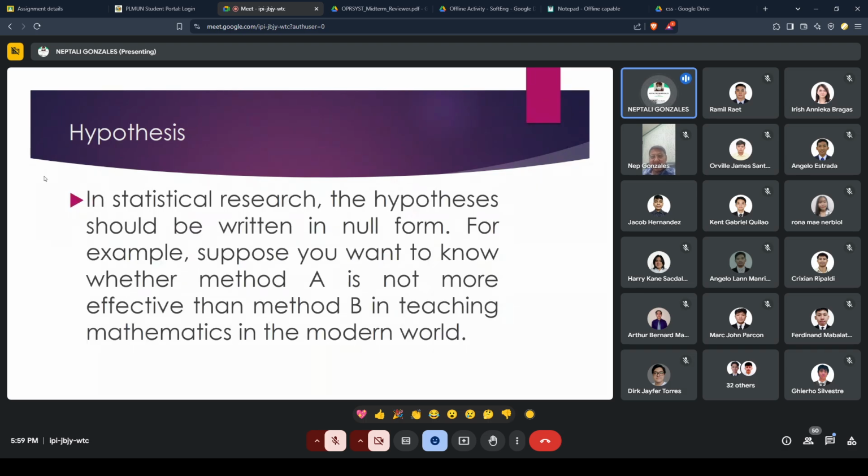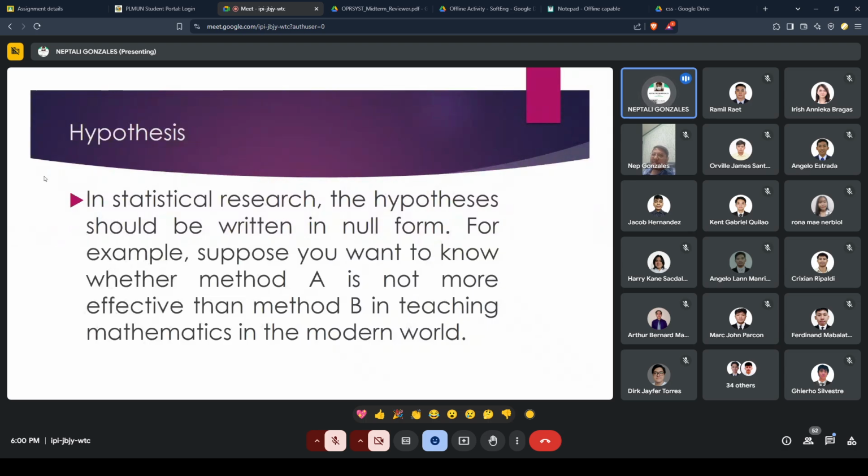In statistical research, the hypothesis should be written in null form. For example, suppose you want to know whether method A is not more effective than method B in teaching mathematics in the modern world. Let's say the first method is simply discussion, then a take-home assignment or take-home quiz. The second method is activity-based.